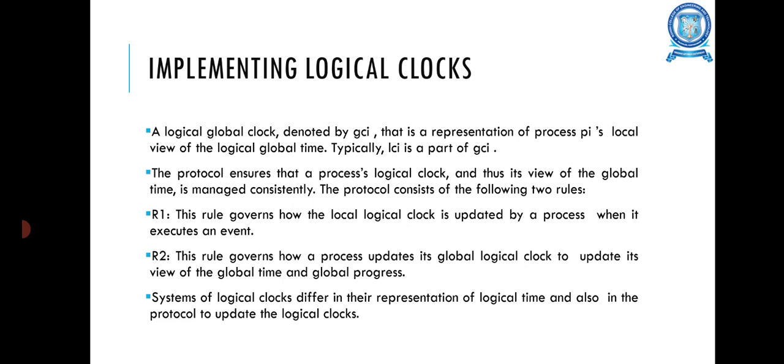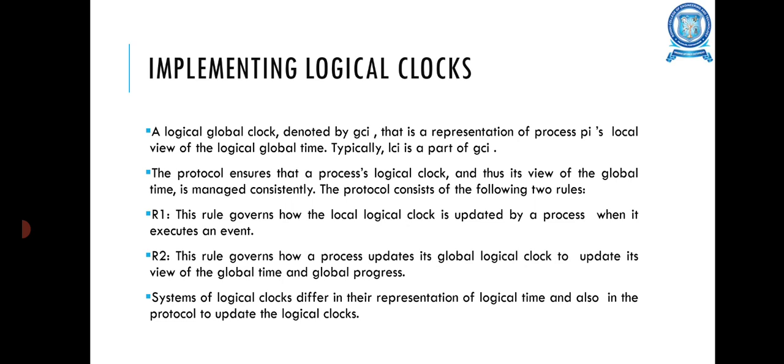The protocol ensures a process's logical clock, and thus its view of global time, is managed consistently. The protocol consists of two rules. Rule 1 governs how the logical clock is updated by a process when it executes an event. Rule 2 governs how a process updates its global logical clock to update its view of the global time and global progress.